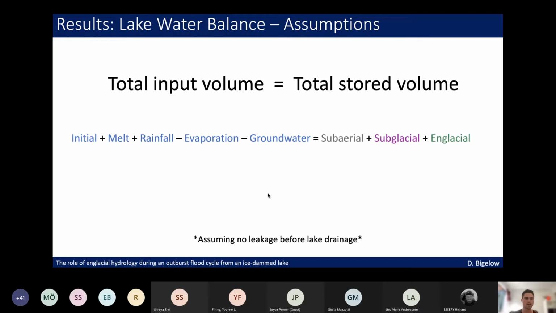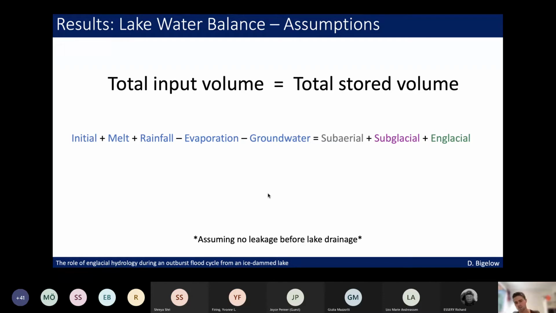So to do this, we conducted a fairly simple water balance calculation. And that is saying that effectively the total input volume into the system, and that's the lake and the catchment that drains toward it, is equal to the total stored volume up until the lake drains. So inputs include the initial volume of the lake plus melt and rainfall, minus any evaporation from the lake and losses due to groundwater.